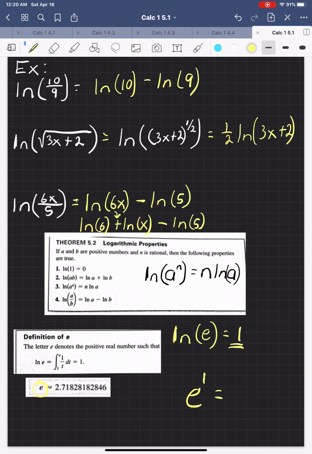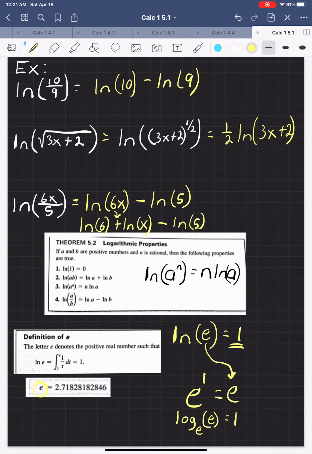Well, what is e to the power of 1? It must equal e. That's why when you take log of base e of e, you get 1.